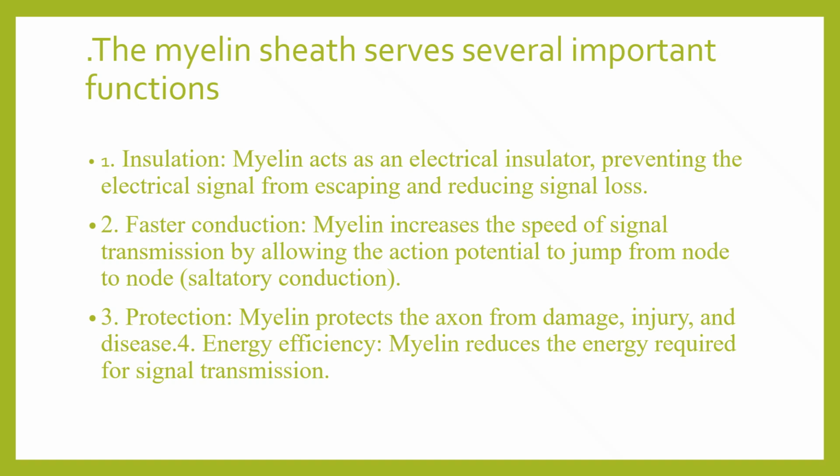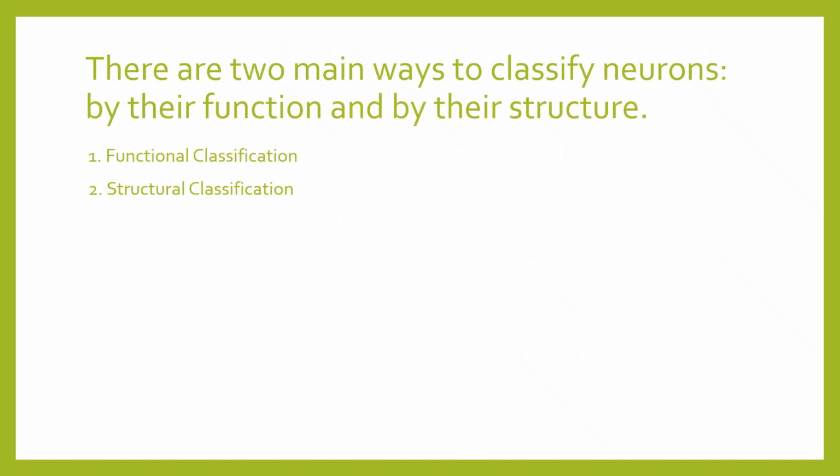Faster conduction: the myelin sheath increases the speed of signal transmission by allowing the action potential to jump from node to node. It's called saltatory conduction. Protection: myelin protects the axon from damage, injury, and disease. Energy efficiency: myelin reduces the energy required for signal transmission.